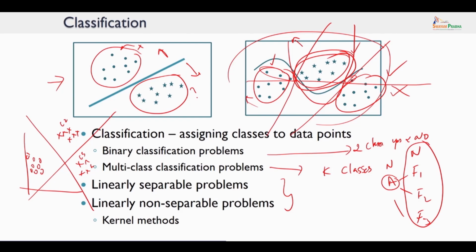So, for example, if I take hyperplane 1 and hyperplane 2 as the 2 decision functions, then I could generate 4 regions. For example, I could generate plus plus, plus minus, minus plus, minus minus.